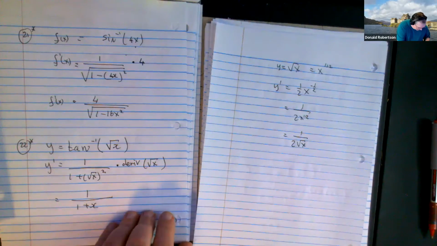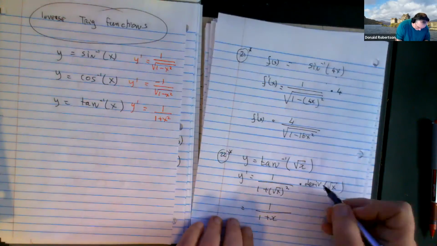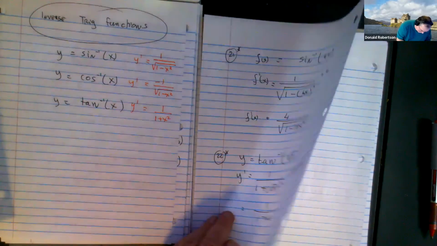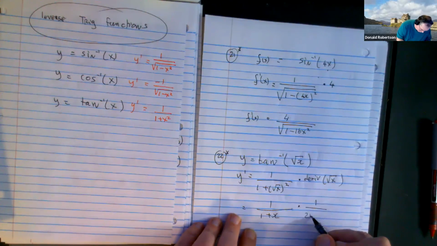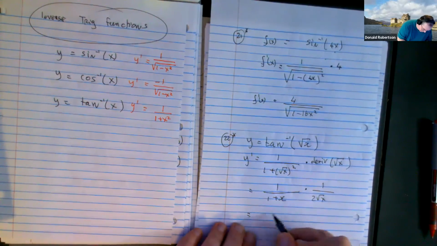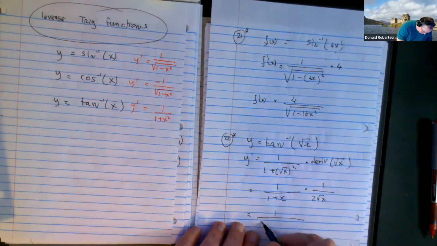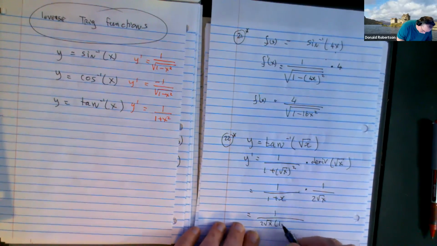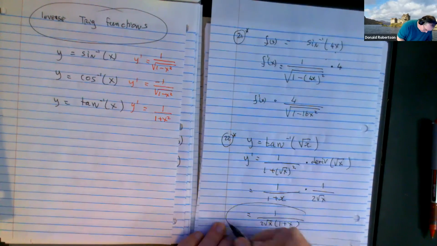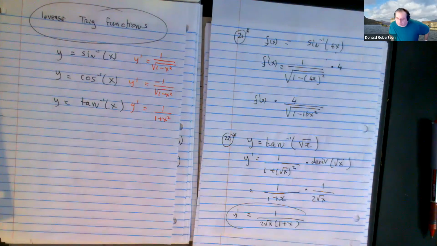So when I say the derivative of this guy, we get times 1 over 2 square root of x. And I would rewrite this guy as 2 square root of x, 1 plus x is one big fraction. Are we good? Any questions so far?